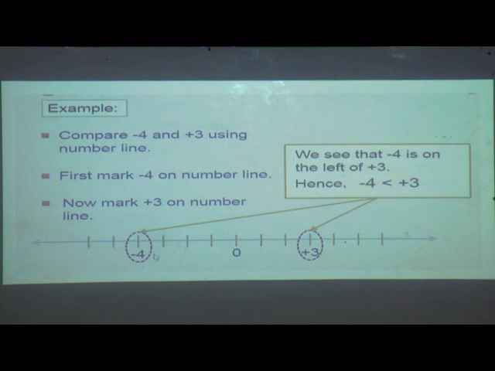So when we compare a negative number and a positive number, the positive number is always greater, because on the number line it is on the right side of 0, so numbers are increasing. -4 is on the left side of 0, so it is decreasing. So we find that -4 is less than +3.